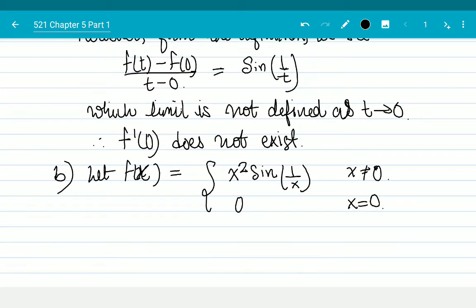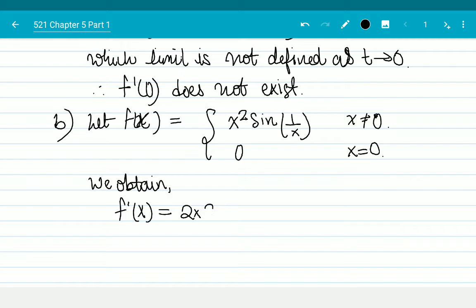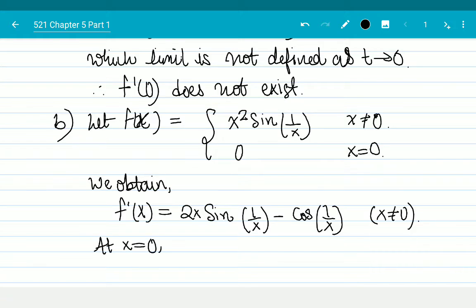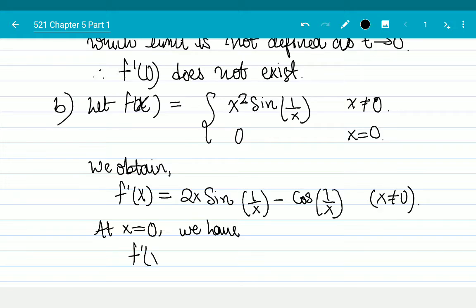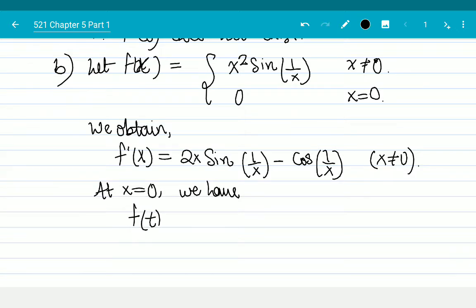Okay. Then we obtain f prime of x is equal to 2x sine 1 over x minus cosine of 1 over x when x is not equal to 0, and at x equal to 0 we have, sorry, just writing the not equal to 0 part again. f of t minus f of 0 over t minus 0.